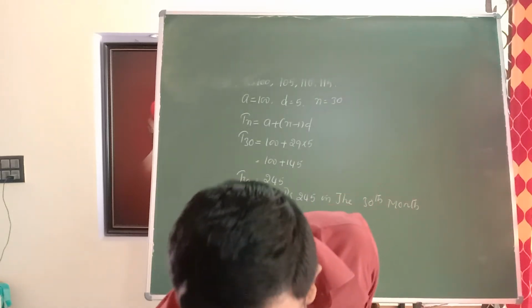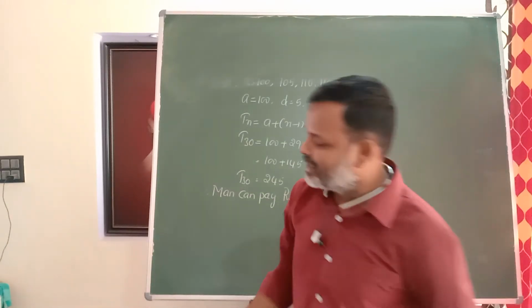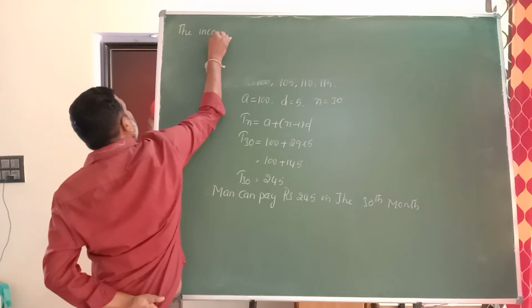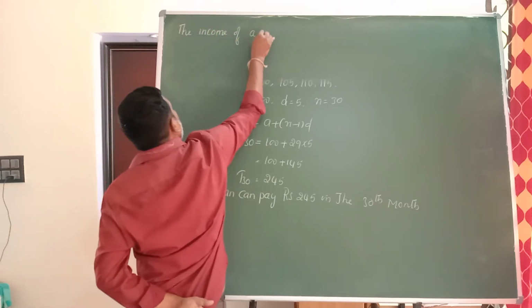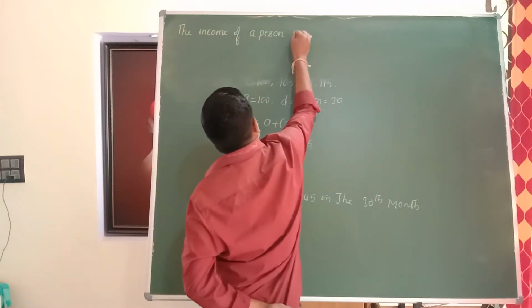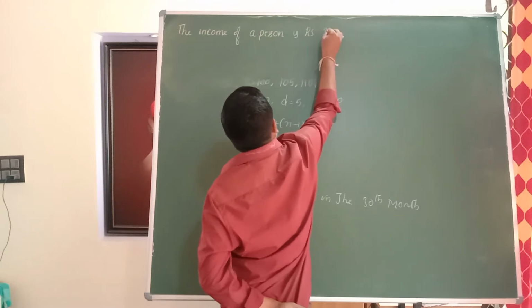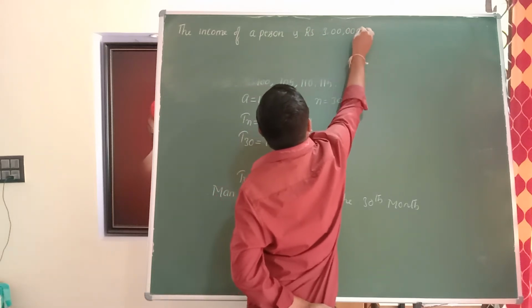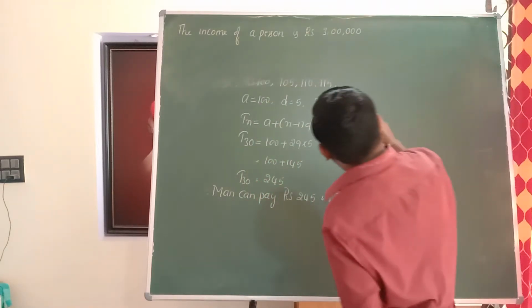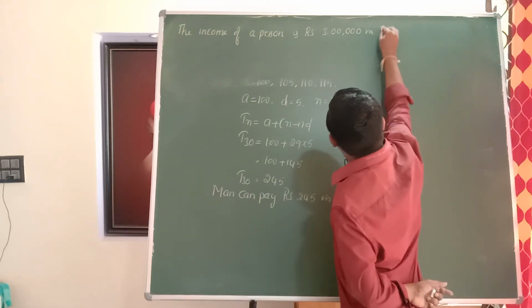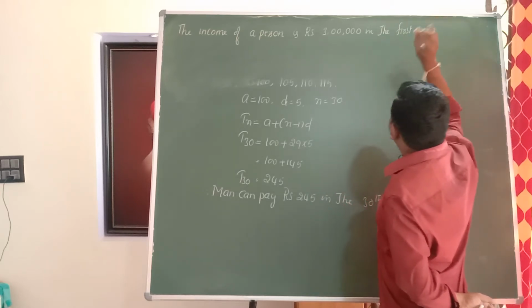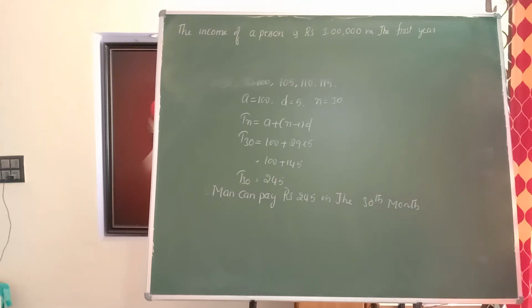The income of a person is Rs 3 lakh, and it is a yearly income. In the first year, he received 3 lakh.